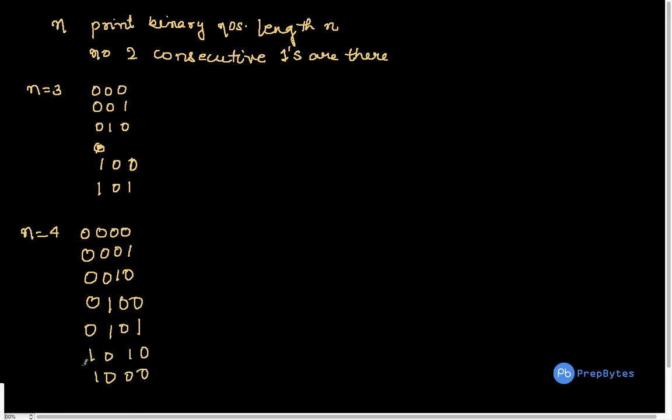I'm just generating all the cases. Then we have 1 0 0 1, 1 0 0 0. While I am solving this, I just realized that every time I'm trying to make a new pattern.